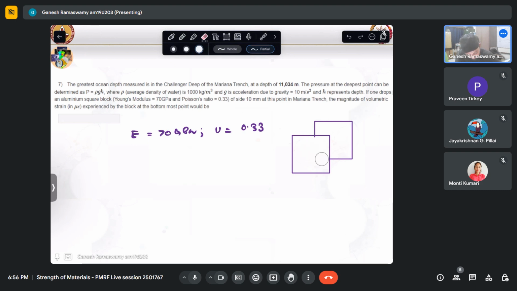We have a cube of side 10 mm, which has been dropped there, and it has reached that maximum depth. What is the magnitude of the volumetric strain experienced by this at the bottommost point?